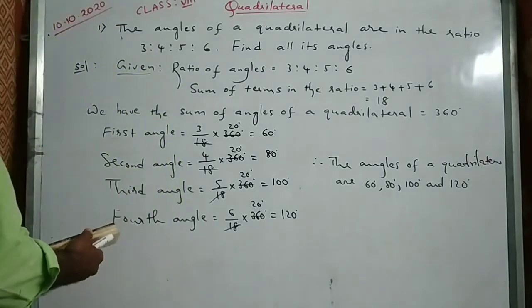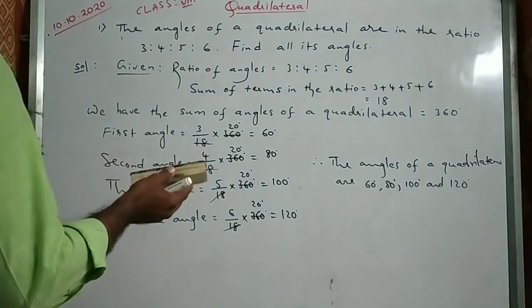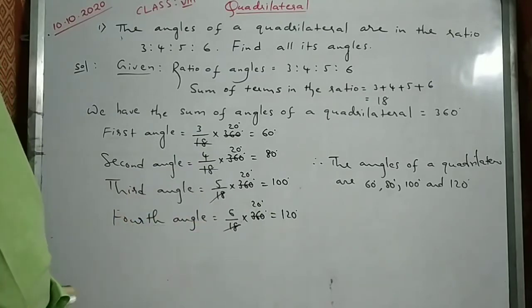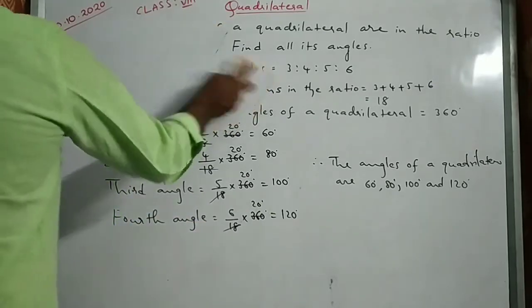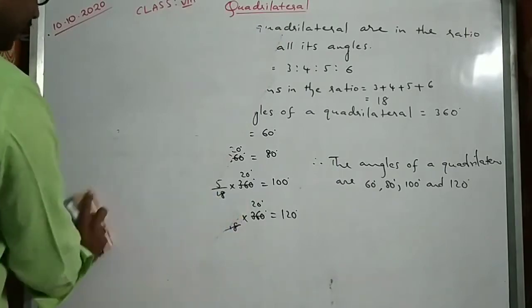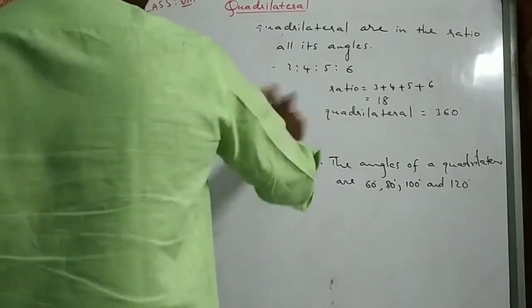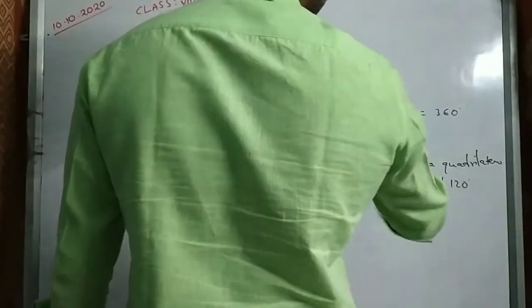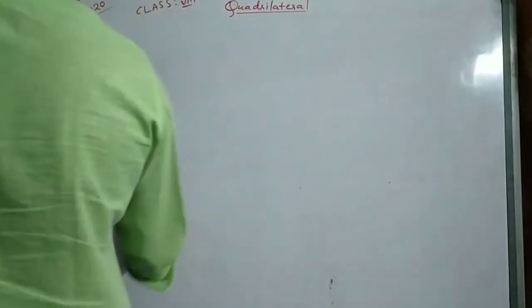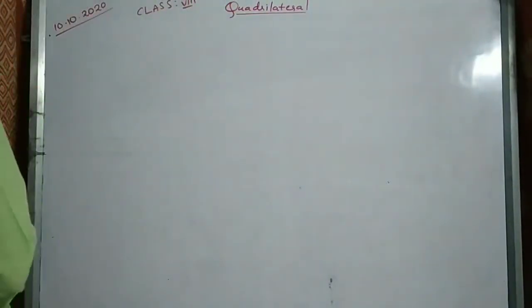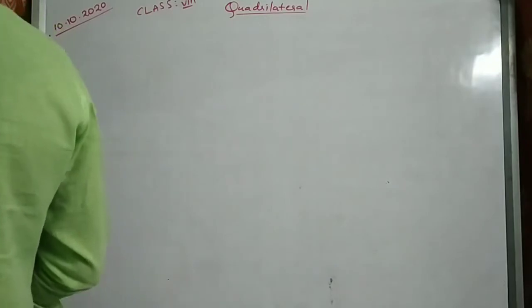For this we should understand the angle sum property of quadrilateral, that the sum of angles is 360 degrees. What is the angle sum property of triangle? Sum of angles of a triangle is 180 degrees, right?